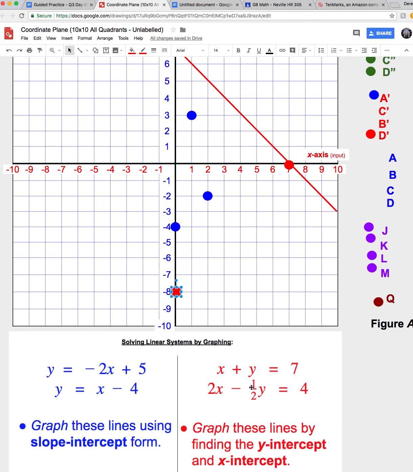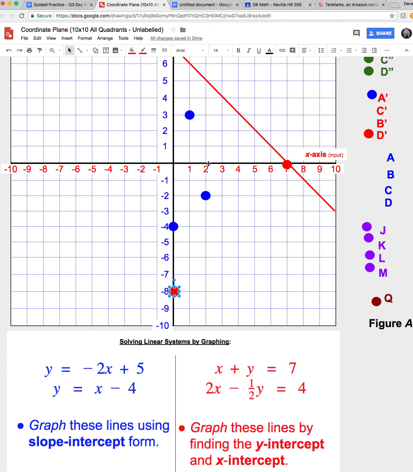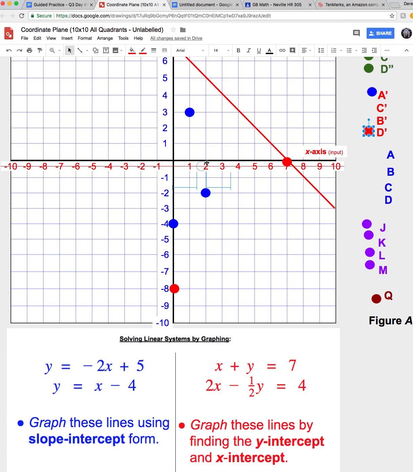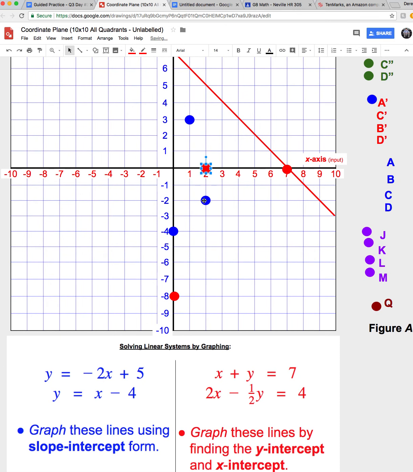So if I make y 0, the only value for x that can work is 2. So when y is 0, when I don't go up or down, x has to be at 2. I plot that point there. I have 2 red dots now for the second red equation. So I'm going to go ahead and connect those 2 points.